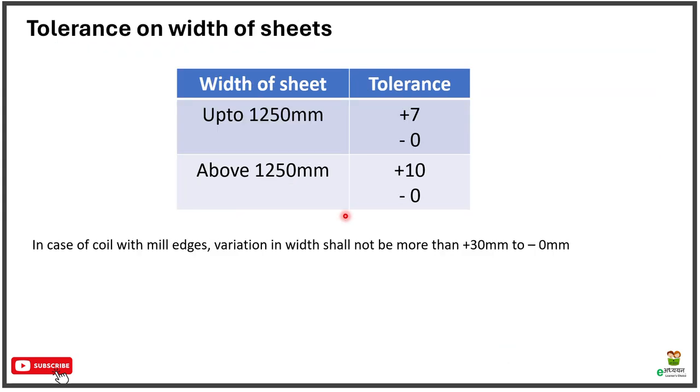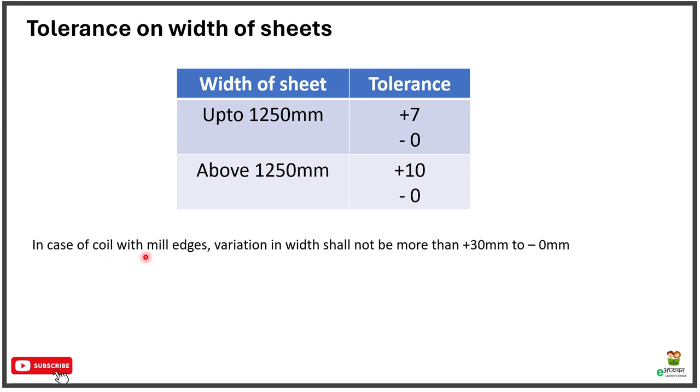Then we have tolerance on the width of the sheet. For width of the sheet up to 1250 mm, we have tolerance of plus 7 mm and minus 0. For above 1250 mm sheet width, we have plus 10 mm tolerance and minus 0 mm tolerance.